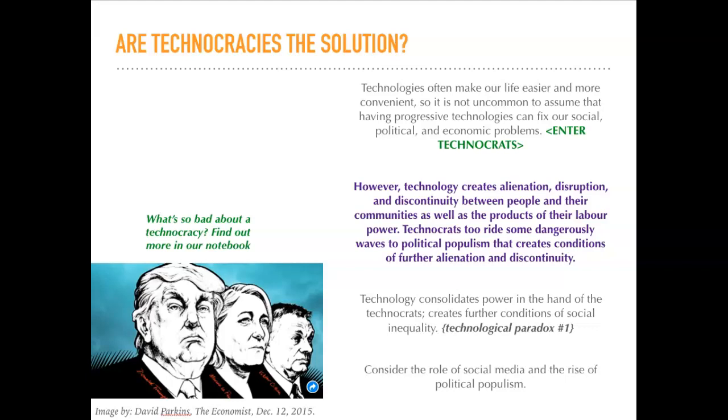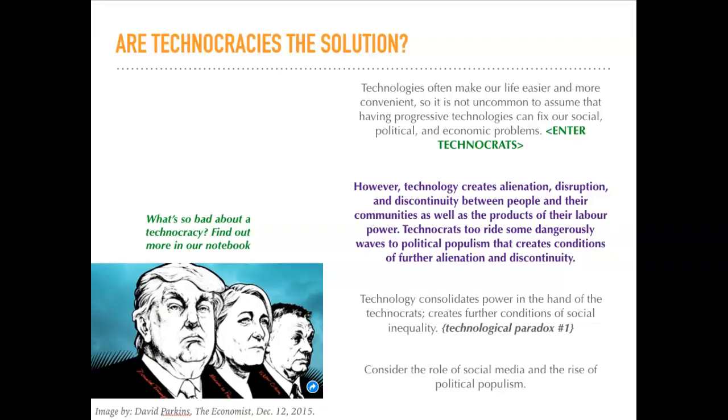So to promote technocracy is a bit of a dangerous argument or a formulative movement, because technocrats too ride some very dangerous waves into political life. It tends to be political populism that creates the conditions for further alienation and discontinuity.